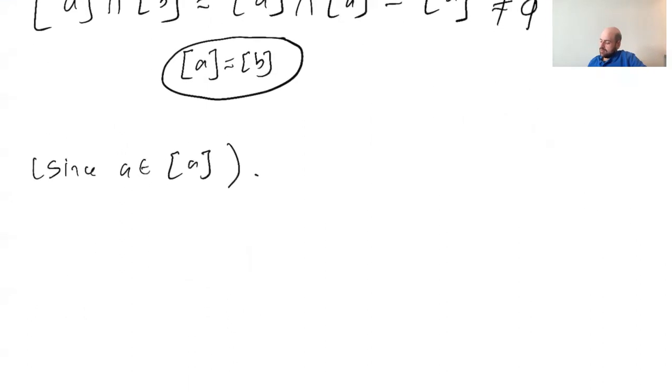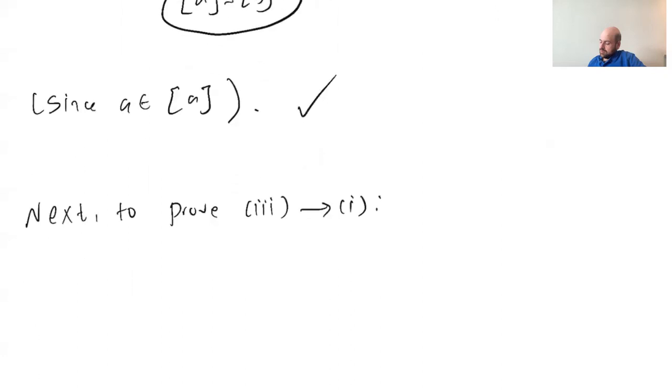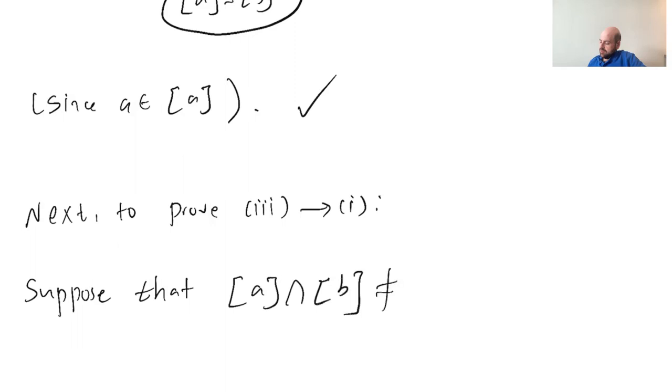Okay, now, so this is 2 to 3. Next, to prove 3 implies 1. So suppose that equivalence class of A intersection equivalence class of B is non-empty.